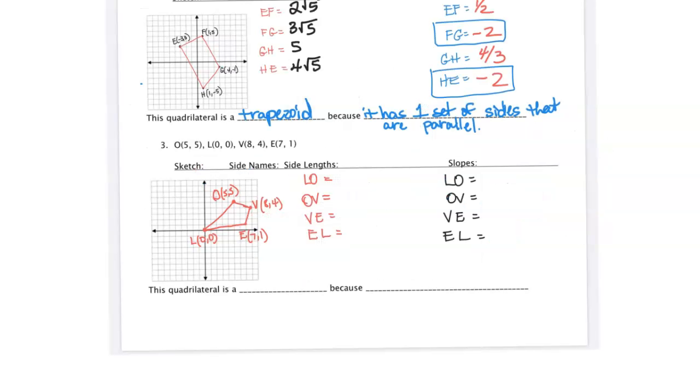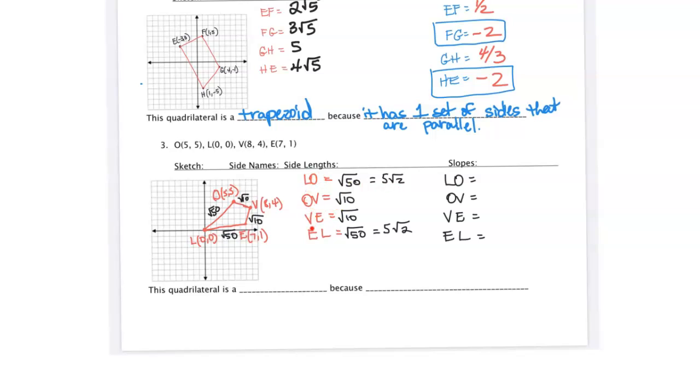All right, so you should have drawn out your diagram for number 3 and then labeled your four sides. When you're looking at your diagram, you have a side LO, OV, VE, and EL. So far you should have figured out that the square root of 50, which is 5 times the square root of 2, is the side length for LO.